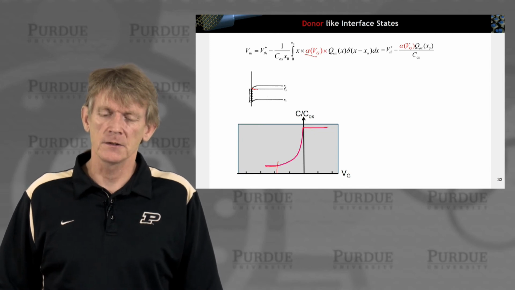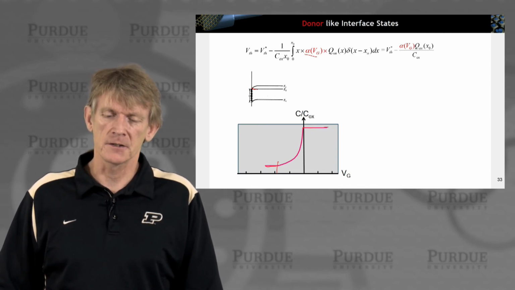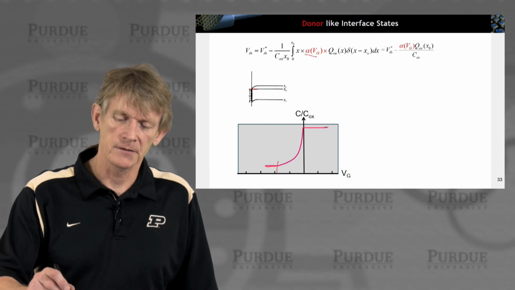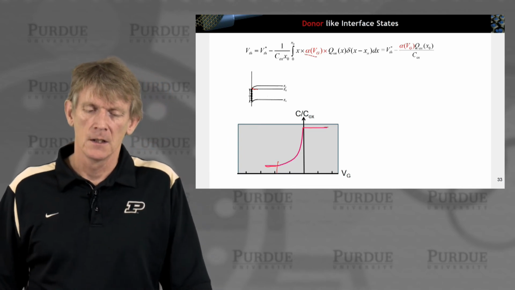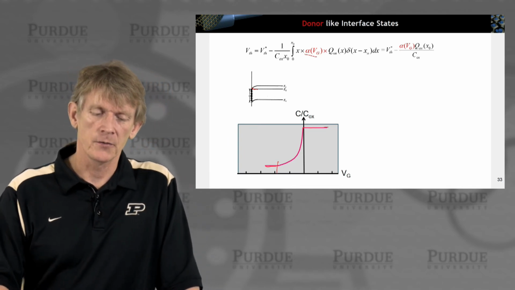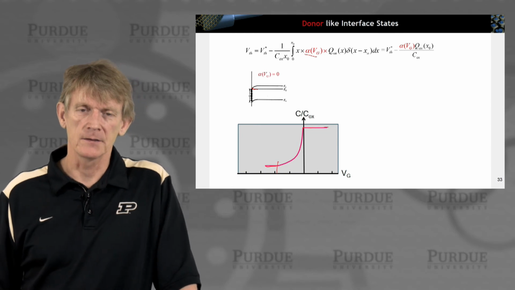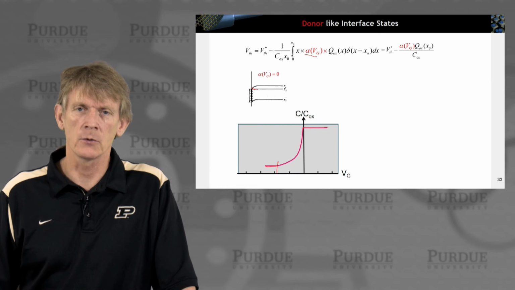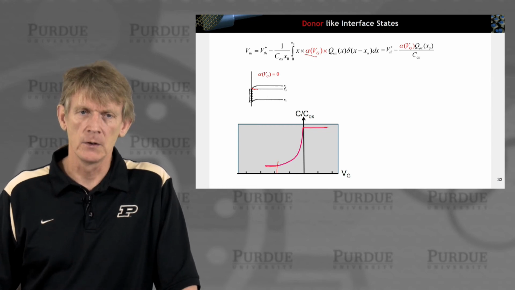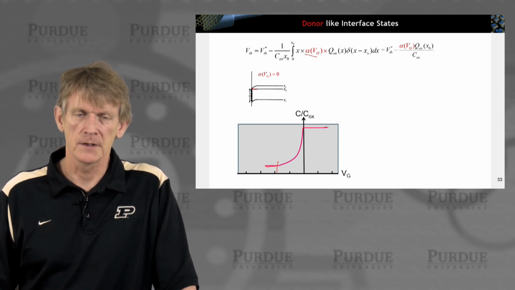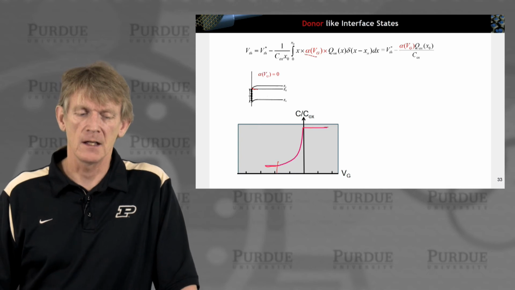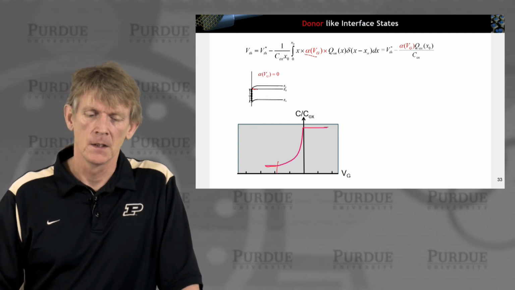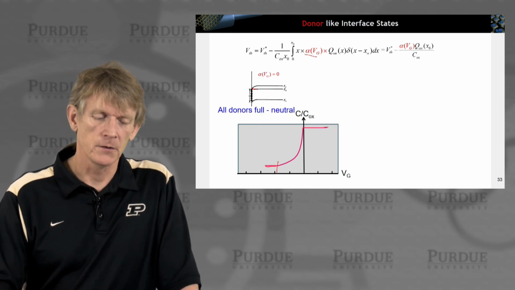And this turns it now into a nonlinear function, right? Because this alpha depends on Vg. And we'll look through some slightly different bias conditions in a second here. So in this condition, when all the donors are full, so they're neutral, this alpha is 0.